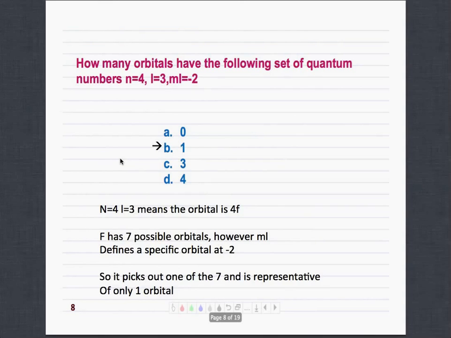So whenever you have the three quantum numbers, n, L, and ML, you have exactly one orbital. Now, in the question before, when I gave you two quantum numbers, I was talking about the subshell, and how many orbitals are in that subshell. Does that make sense?